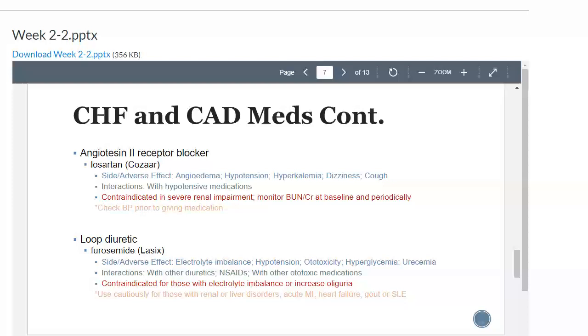Because of the potency of this drug, it has a tendency to not only decrease vascular volume and increase urinary output, but it also has a tendency to excrete potassium, which may cause electrolyte imbalances along with excretion of sodium as well.